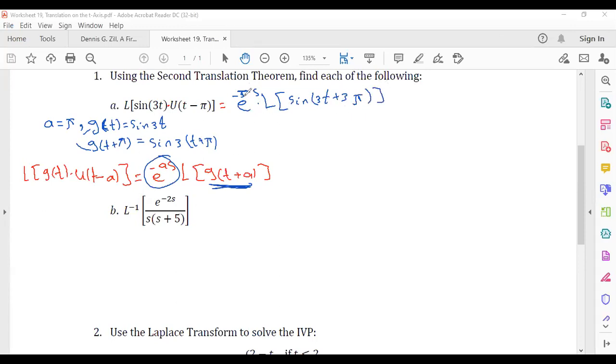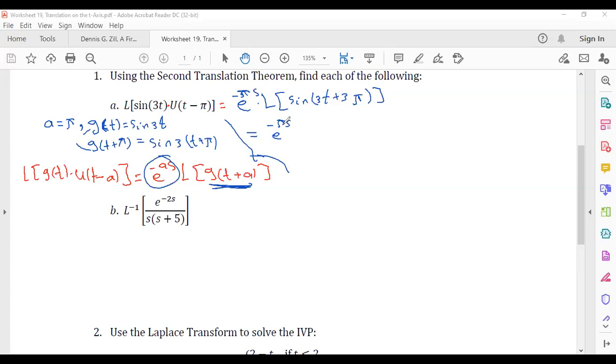What do you think? How to find it? Laplace of this. By the way, 3 pi is the same as pi because the sine function is periodic with period 2 pi. So 3 pi is 2 pi and pi.